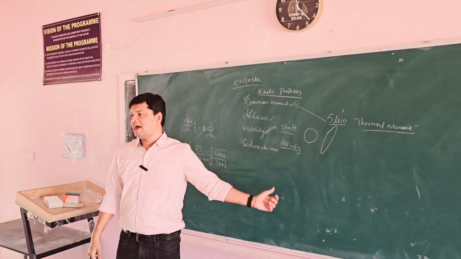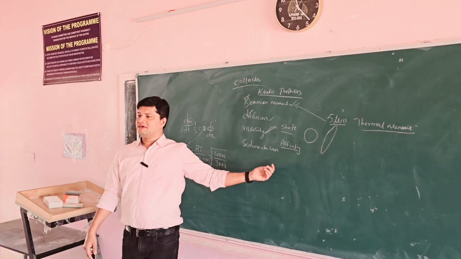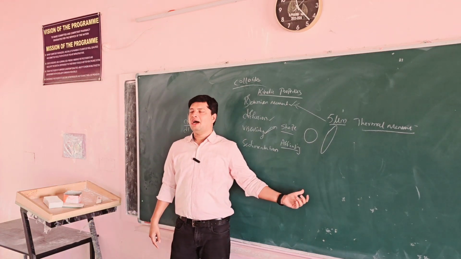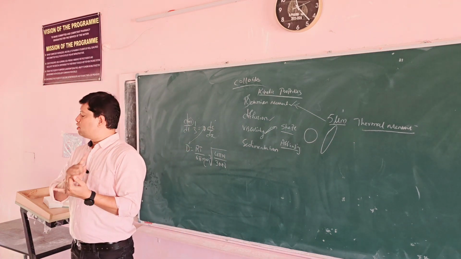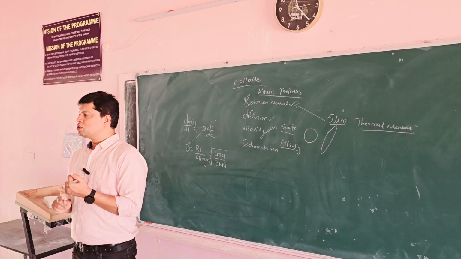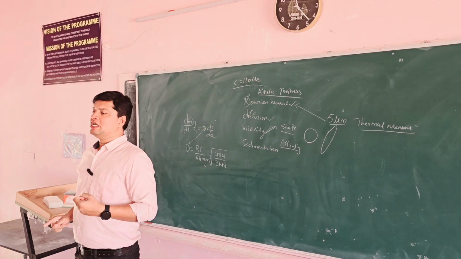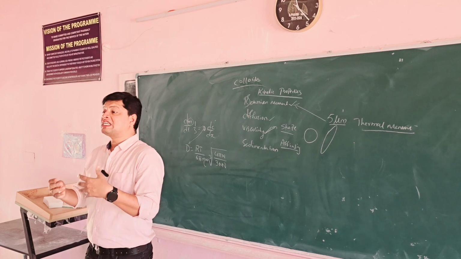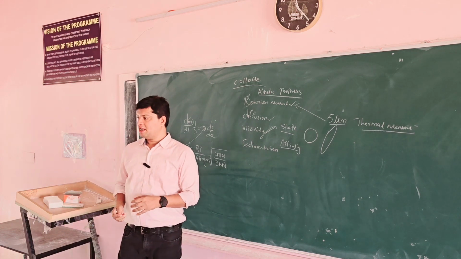So you can predict the affinity of a colloid by knowing its viscosity. Remember, lyophobic, less viscosity. Association, less viscosity. Lyophilic, more viscosity. You can know the type of colloid just by seeing the viscosity of the colloidal solution.